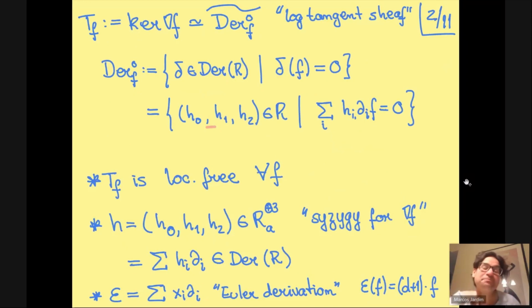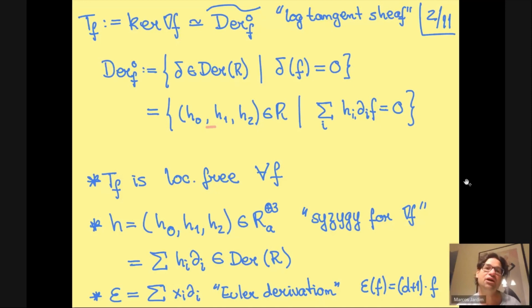In the sheaf theoretical version of things, I'll take what's called the logarithmic tangent sheaf associated to the curve F, that I denote by T_F. This is the sheaf whose sections are the vector fields on P2 that are tangent to the curve.